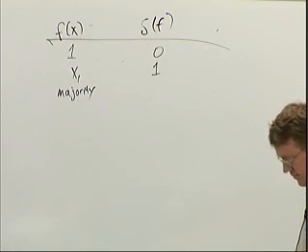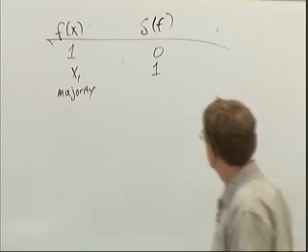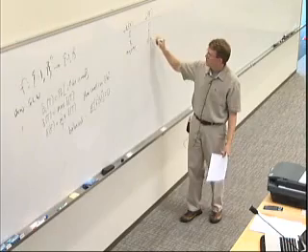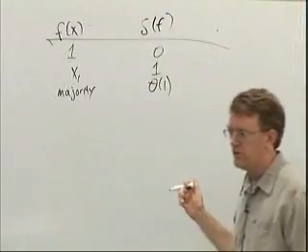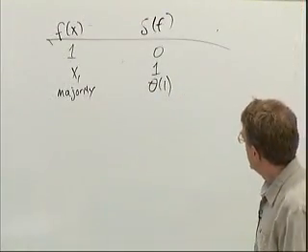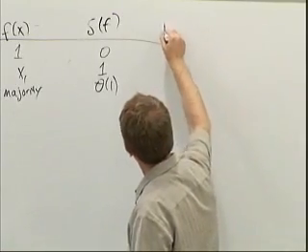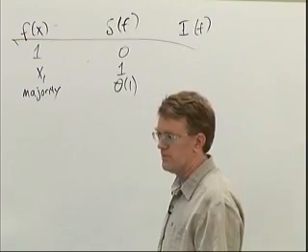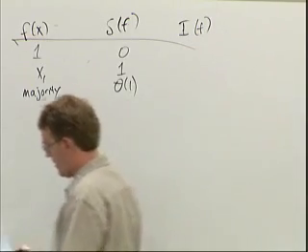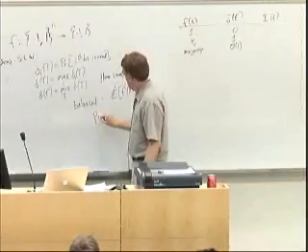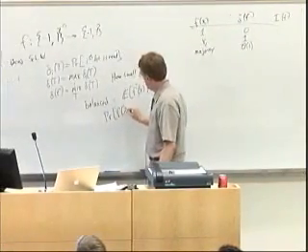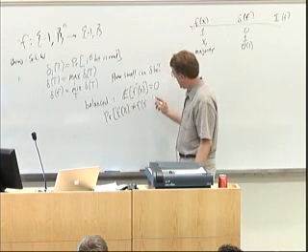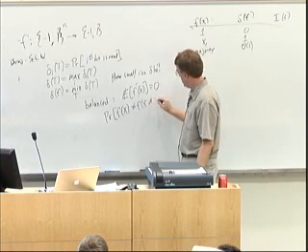Majority: delta is order 1. You have to look at most of the bits in order to figure out what the majority is. This is in contrast to the related concept of the influence of a bit on the function. The influence is the probability that f(x) is not equal to f(x) with the ith bit flipped.